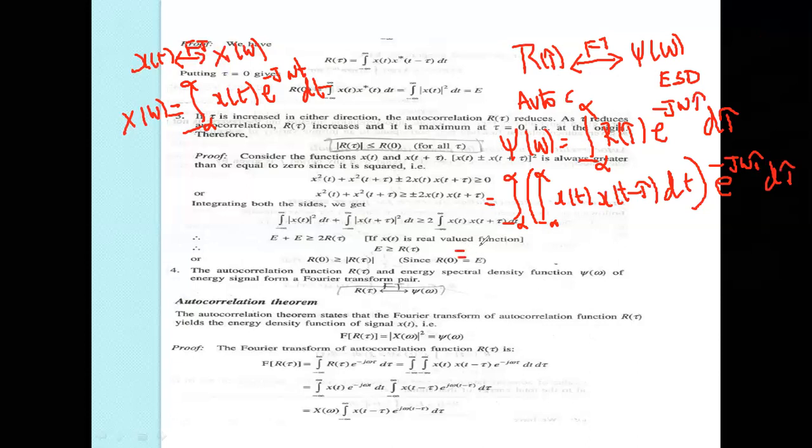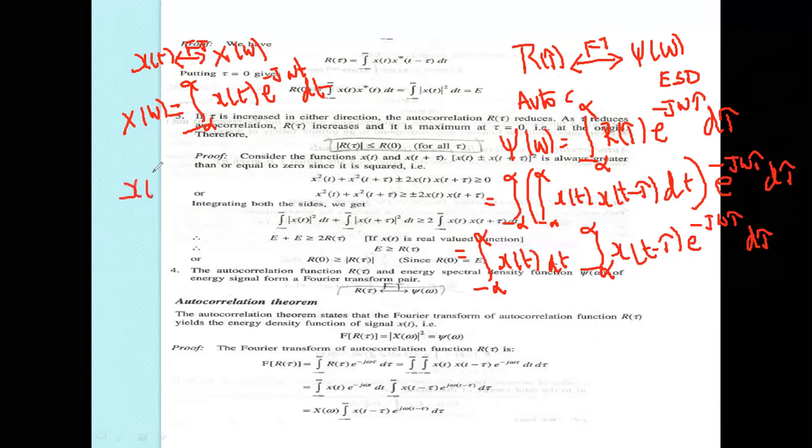Now simplify this integral. Put one integral as x of t dt. The remaining are tau functions: the integral from minus infinity to infinity of x of t minus tau e power minus j omega tau d tau. In the second integral, using the time shift property, what is the time shift property saying?